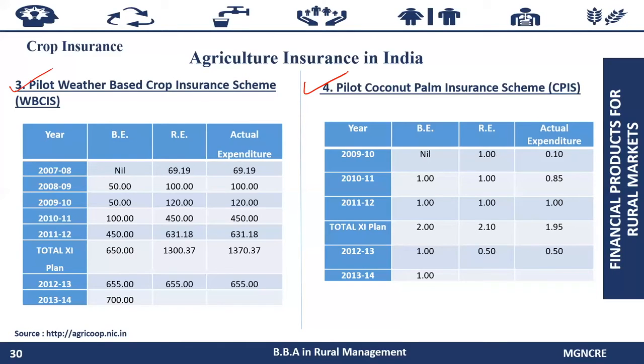The sum insured is based on the actual average input cost of plantation and the age of a specific plant, and varies from rupees 600 to 1150. It was basically for coconut palm insurance.